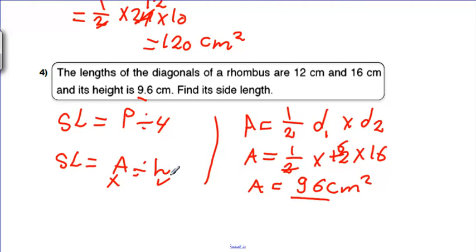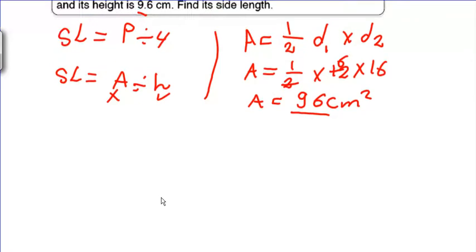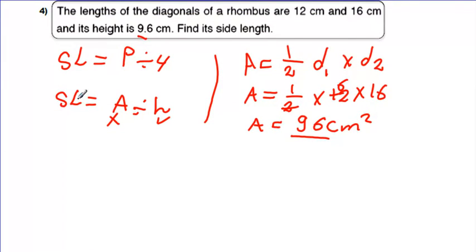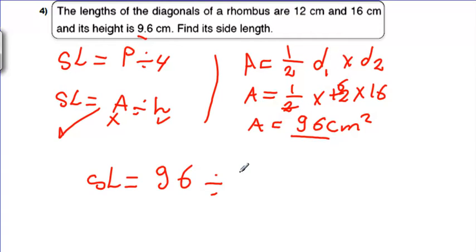And he wants the side length, so I will write the rule: side length equal area, 96, divided by height, 9.6. By using your calculator, it will be equal 10 centimeter. So the side length will be equal 10.